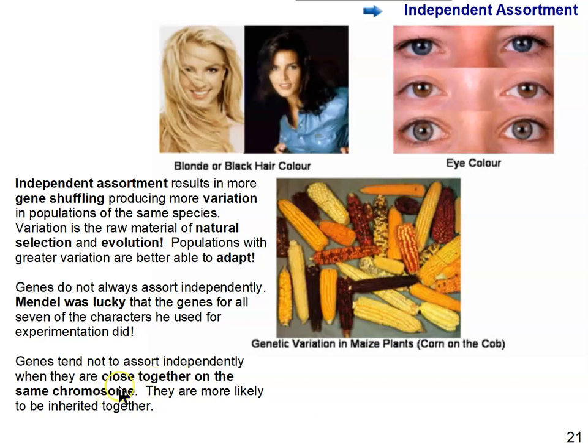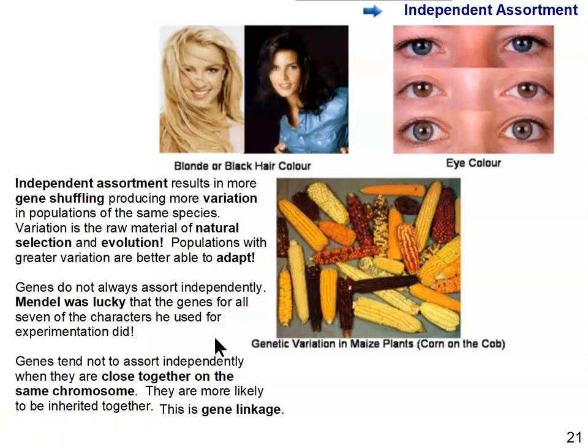That's known as crossing over. So crossing over, even though genes may be linked to some extent, they still will cross over and appear to assort independently. And we'll be looking at that when we study meiosis.